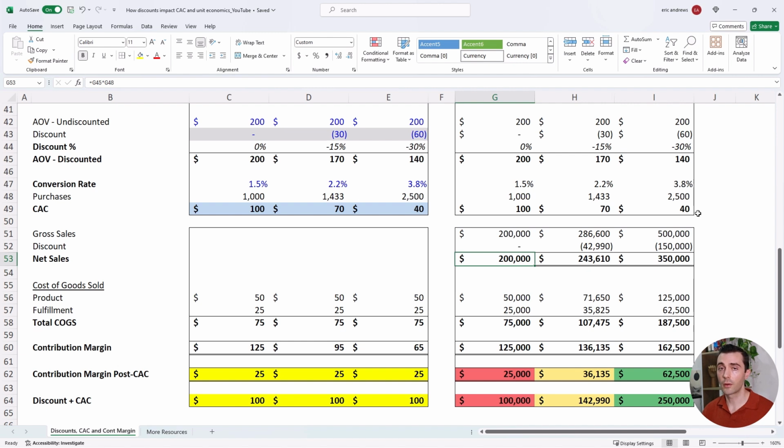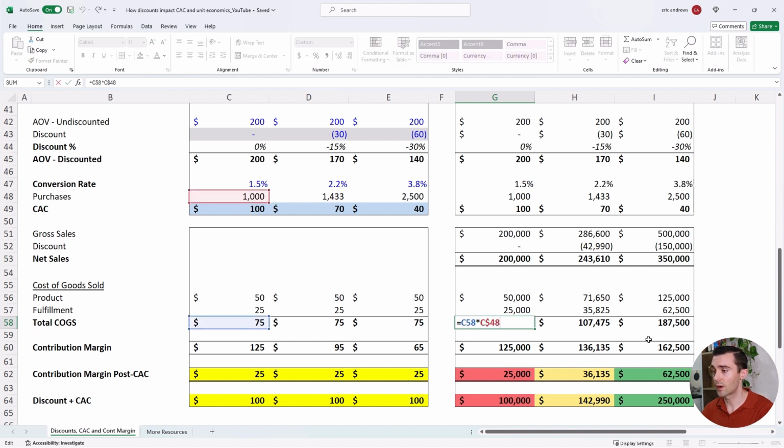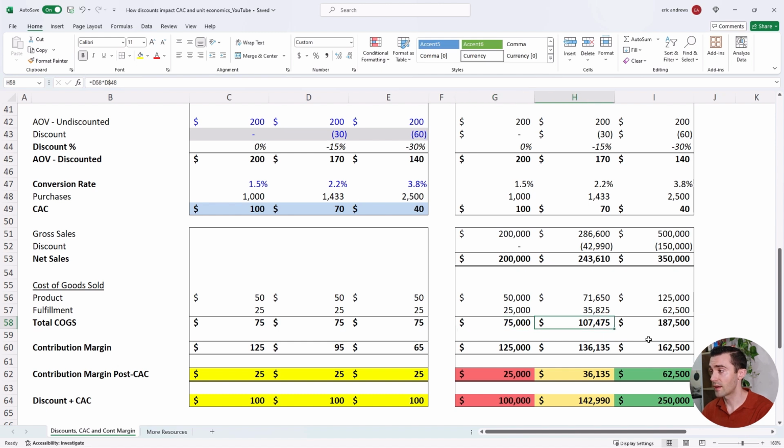So now let's look at what's the profit from those sales. So you have $75 per order as your COGS. And so in scenario A, that's $75,000. Scenario B, that's $107,000. Scenario C, $187,000. So your contribution margin before marketing is $125,000, $136,000, and $162,000.